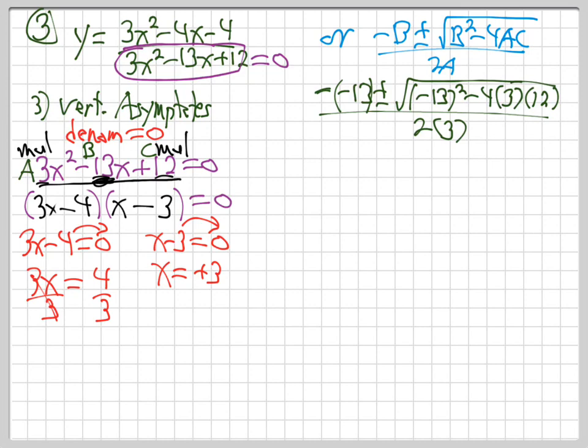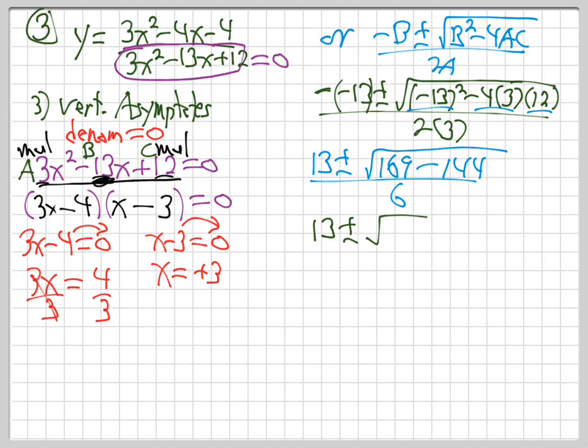Okay, let's simplify that. That's going to be 13 plus or minus the square root of 169, 13 squared in your calculator, minus 4 times 3 is 12, times 12, 144 over 2 times 3 is 6. So that's 13 plus or minus the square root of 25 all over 6. We're getting close. That's 13 plus or minus 5, right?